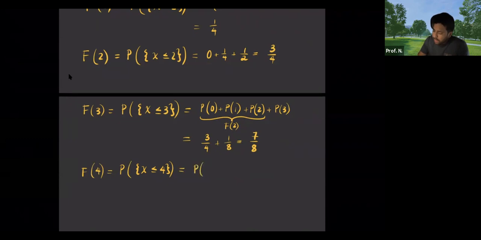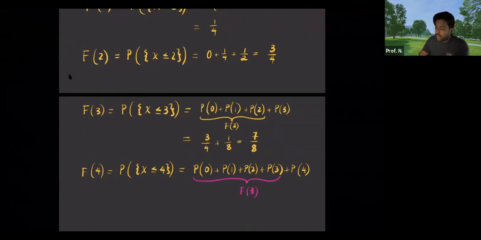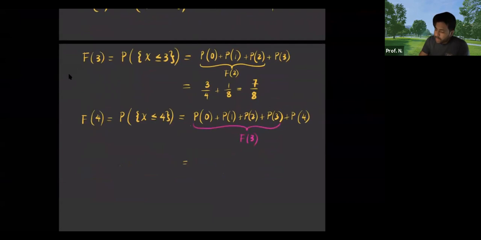I can have the probability of 0, 1, 2, 3, and 4. The first part is exactly what I just figured out, the cumulative function defined at 3, which is 7/8. Then I'm adding the probability of it being 4, which is 1/8, and it's a 1.